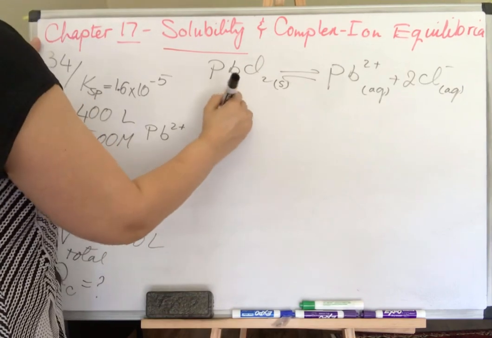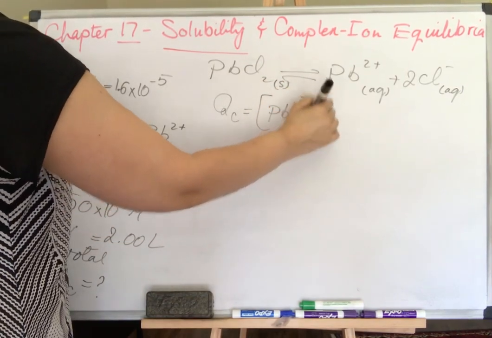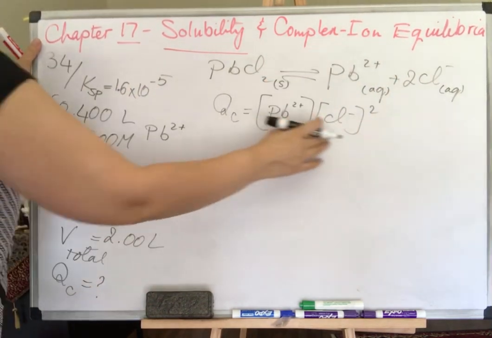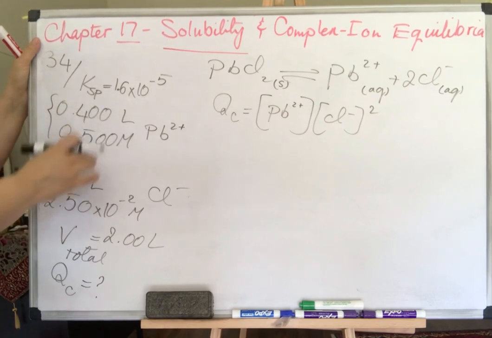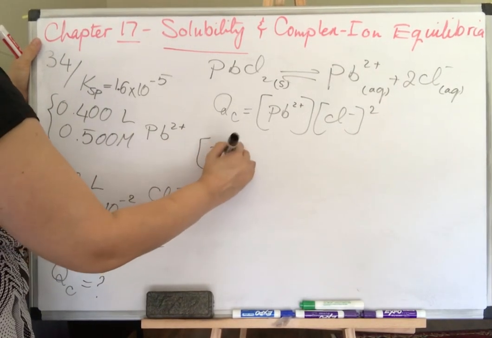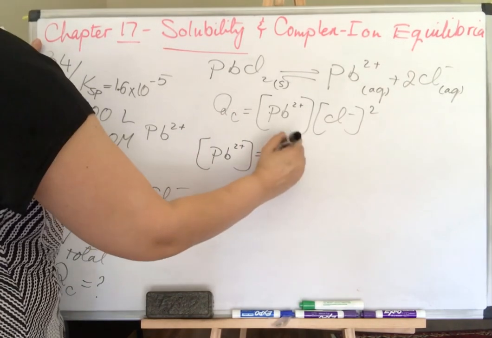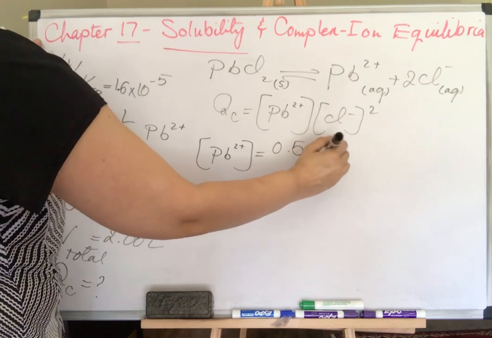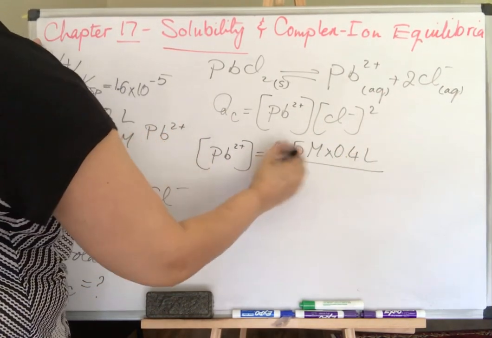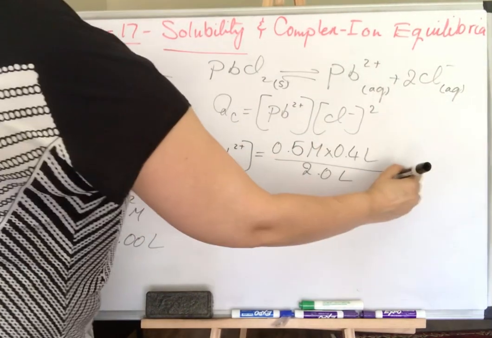So QC is going to be Pb2+ times Cl- squared. But these molarities are different because you have a volume change. So the new value for molarity of Pb is going to be 0.5 molar times 0.4 liters divided by 2 liters, which is going to give you 0.1 molar.